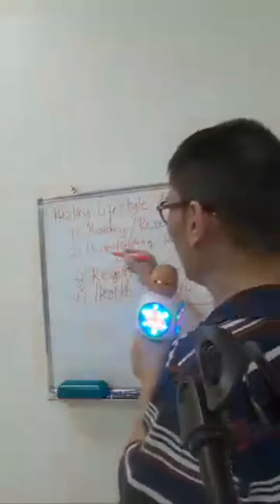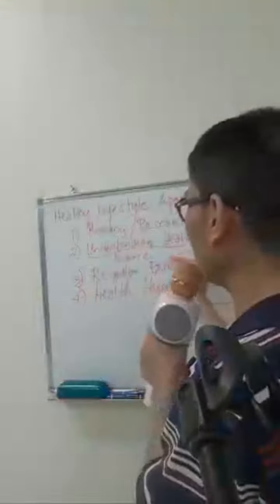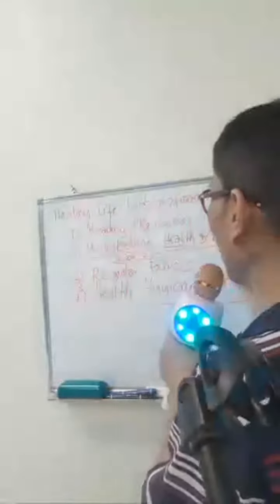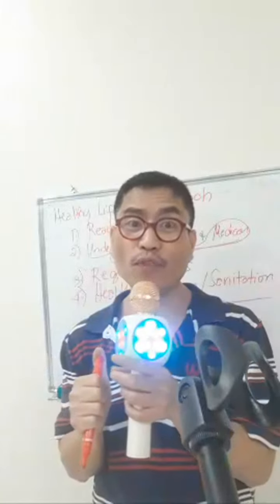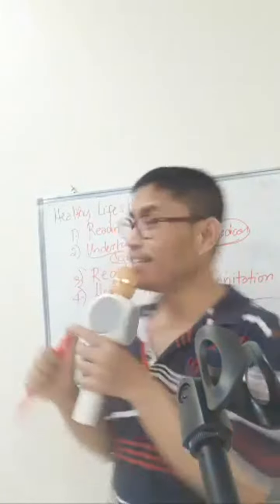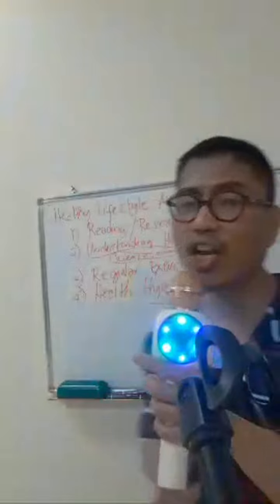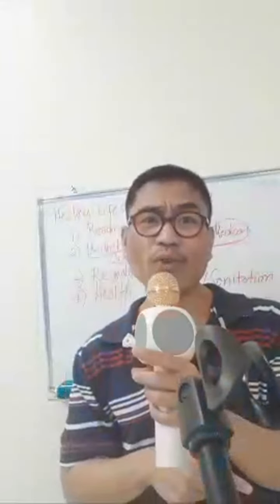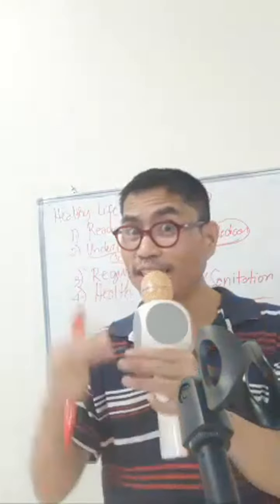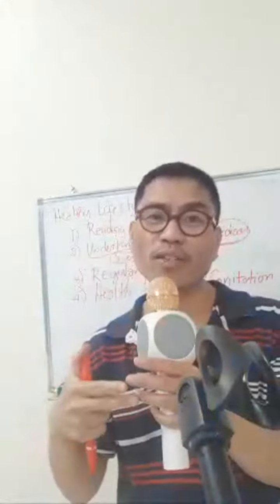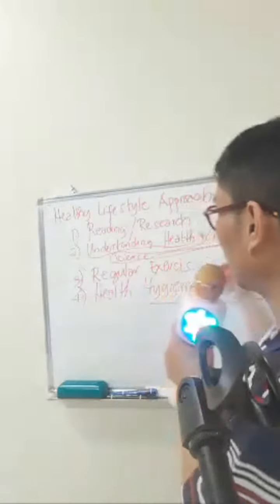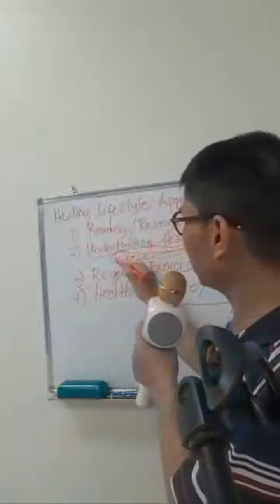Number two, understanding the health and medical science. This is where you need to know the different kinds of diseases for you to prevent in the future. And this is also the step in which you can take in the right kind of food to eat. So you can decide what are the nutritious and helpful foods and drinks you're going to take in your body. That's under number two, health and medical science.